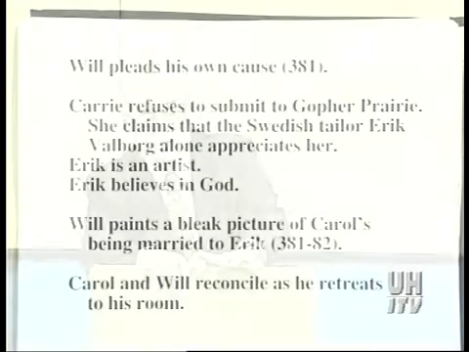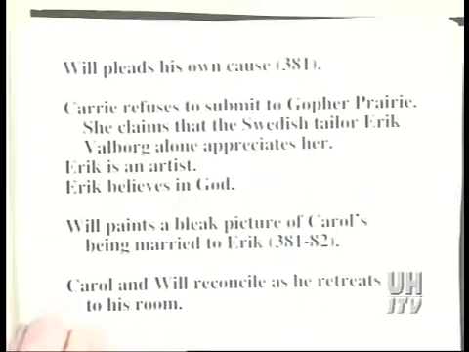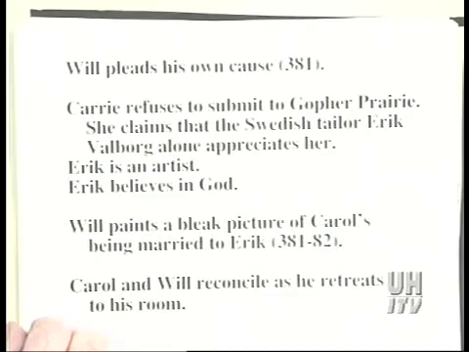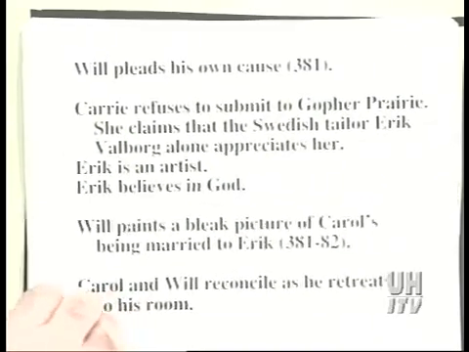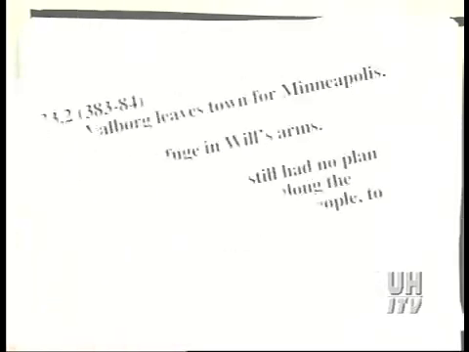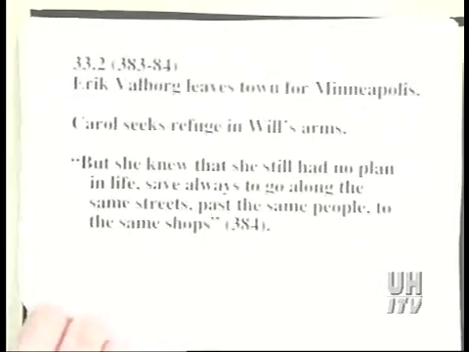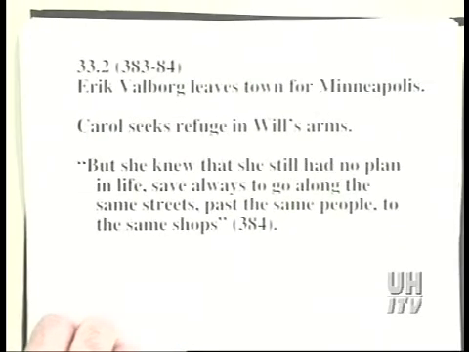And we'll see in a future chapter where the father comes and pleads with Carol to let him go. You've trapped her. He calls Carol a prostitute, Valberg's father, for luring his son away from the farm and away from the tailor shop. But at this point, Carol and Will reconcile as he goes to his room. And then we realize that Eric Valberg leaves for Minneapolis.